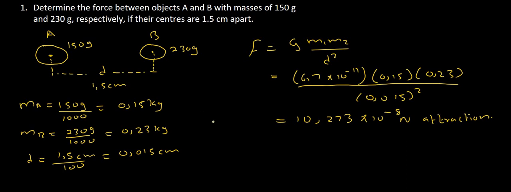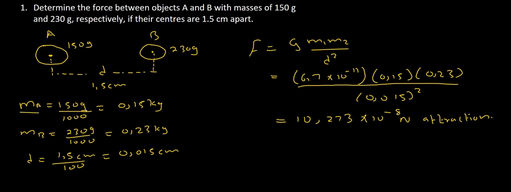Let's just do a quick recap on our calculations. The question stated the following: determine the force between object A and B with masses of 150 gram and 230 gram, respectively, if their centers are 1,5 centimeters apart. Object A is 150 gram and object B is 230 gram, and the distance between the centers of the two objects, which is D, is 1,5 centimeter.